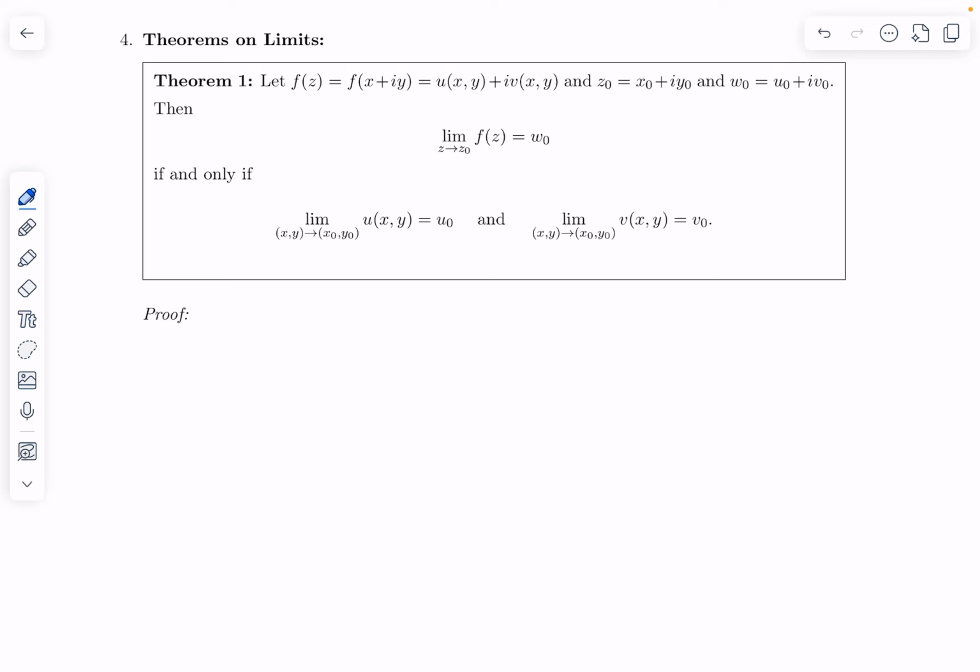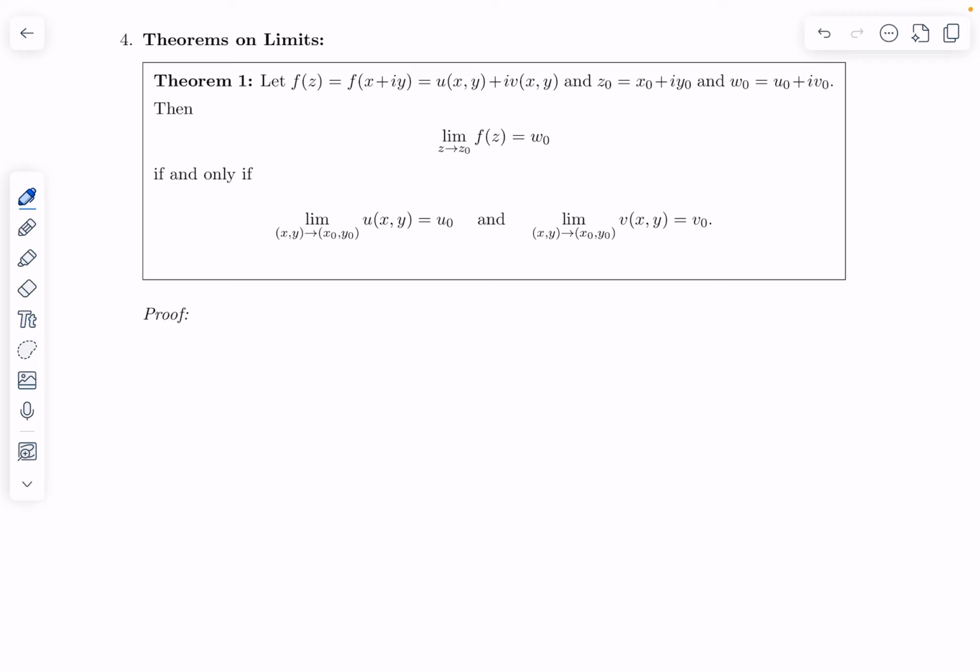Then we want to say something about the complex limit as z goes to z0, f of z equaling w0, if and only if the real limit as x and y go to x0, y0 of u of xy equals u0, and the real limit of x and y going to x0 and y0 of v of xy equaling v0.